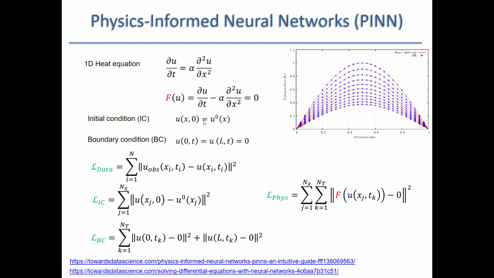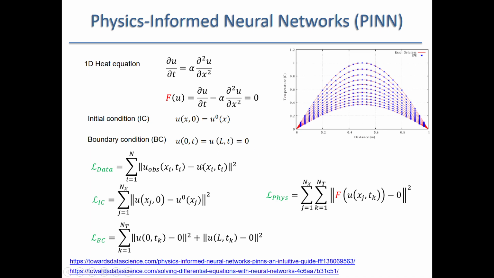So we want the network to predict U. This U depends on the space and time, and if we have some measurements of how the temperature evolves over time, we can put them.